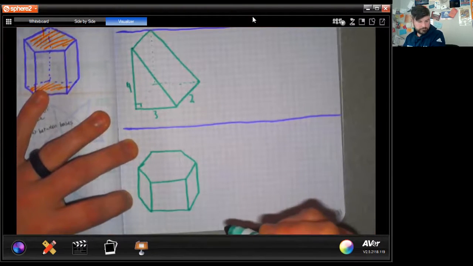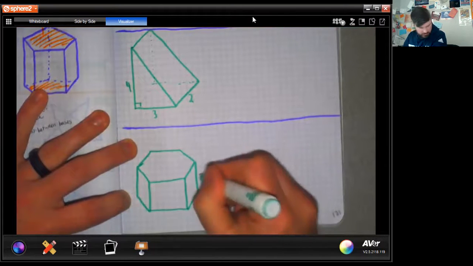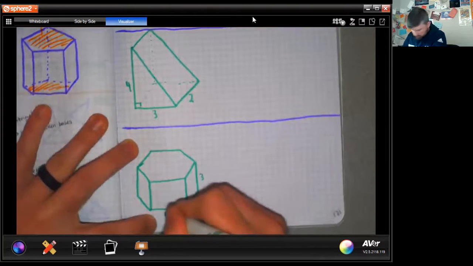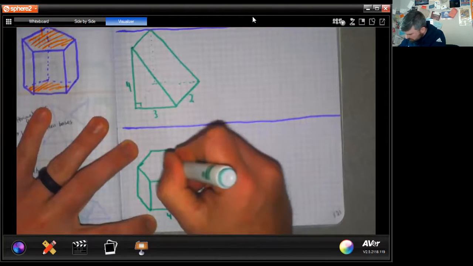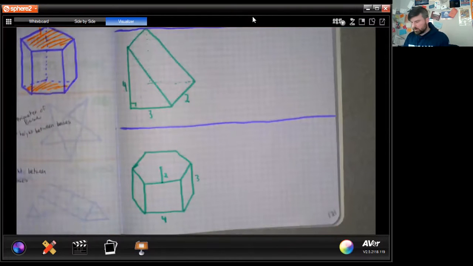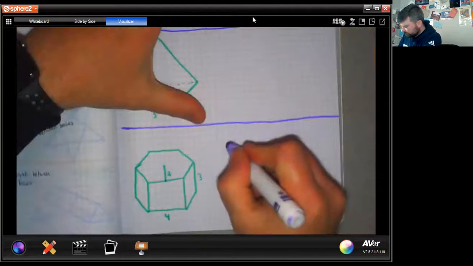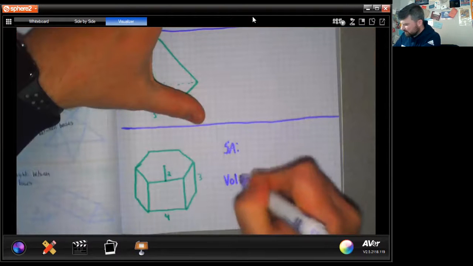Okay. And we have a 3 over here. We have a 4. And then it gives us from here to here is 2. Okay, and we're going to find surface area and volume of each.